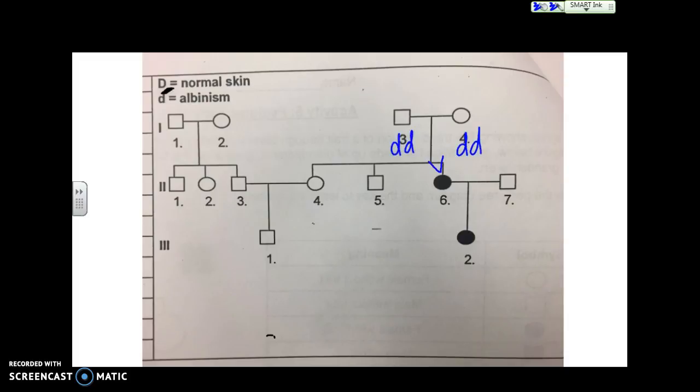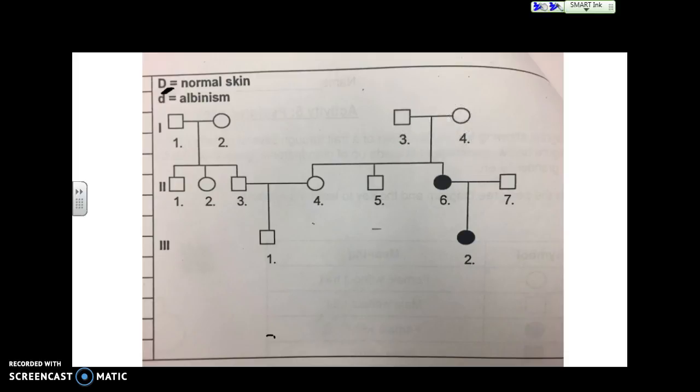Is there any way you could have number 6? Because if 3 and 4 are recessive, then number 6 would have to be a big D because it's the opposite color. But there's no way that number 6 could have inherited a big D because the parents are little d, little d. So you can also figure it out if I don't tell you.